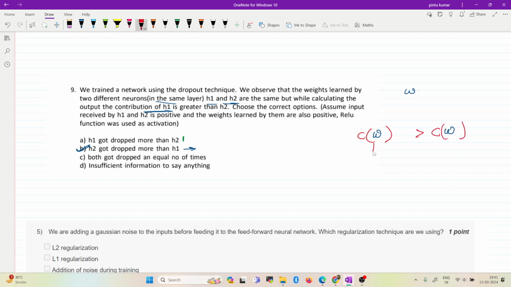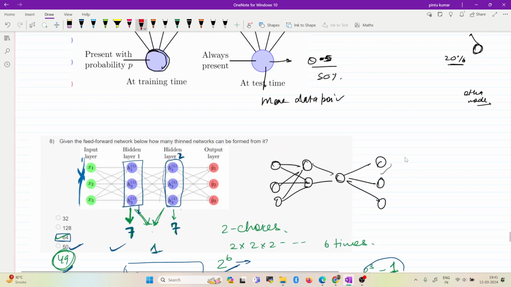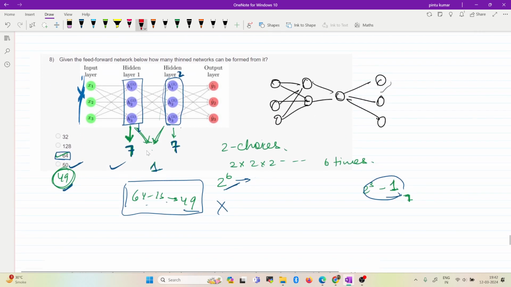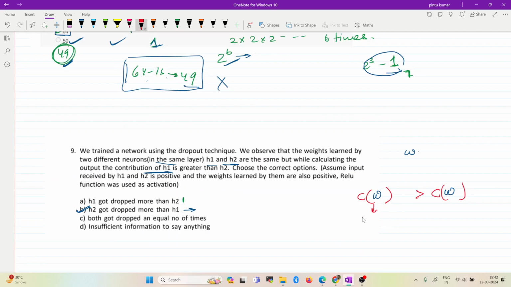So how do we see the contribution? The contribution is just P times the weight that they have, where P is the probability with which that particular node was present during the training, or the probability with which that particular node was retained. So this would mean that P1W is greater than P2W.